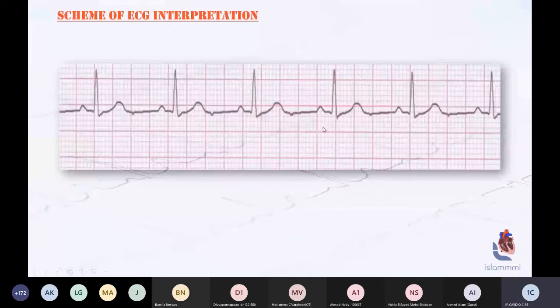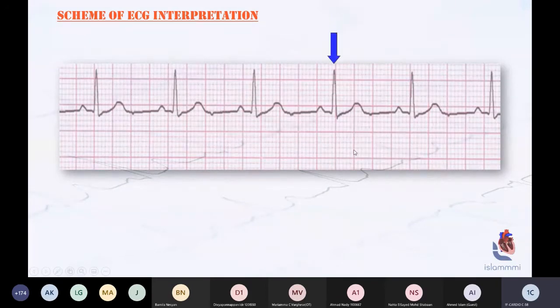First of all, you have to locate one of the R waves on one of the heavy red lines like this. So this one doesn't work. This one also doesn't work. This one can work. And this one definitely can work because it is located on one of the heavy red lines. Then we check the next R wave, and we calculate how many boxes in between.